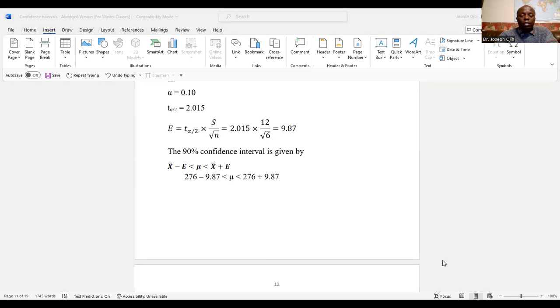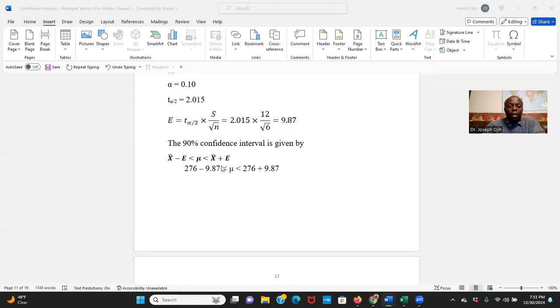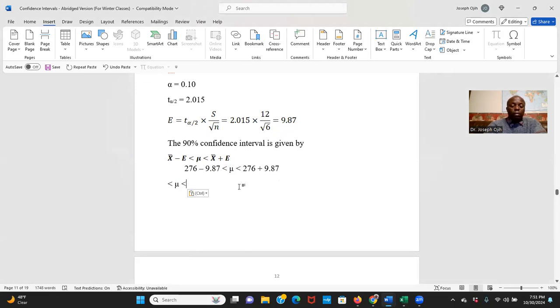Which means our confidence interval is, I'm going to do the calculation. 276 pounds minus 9.87.